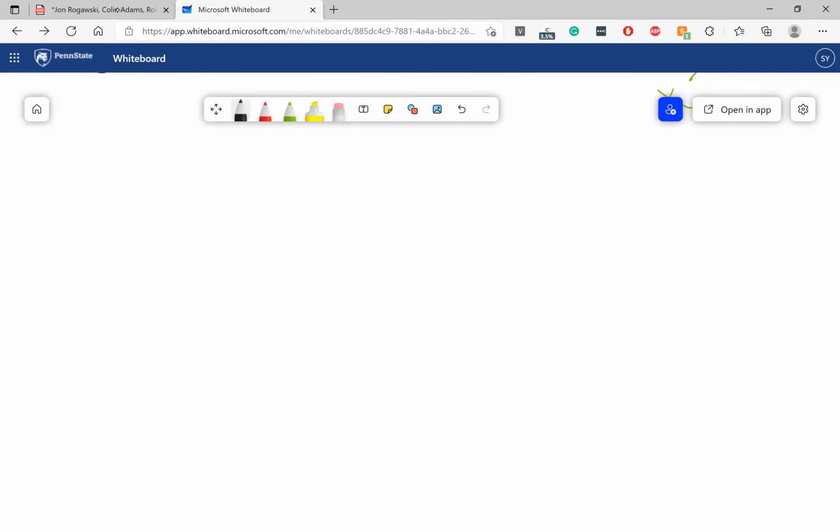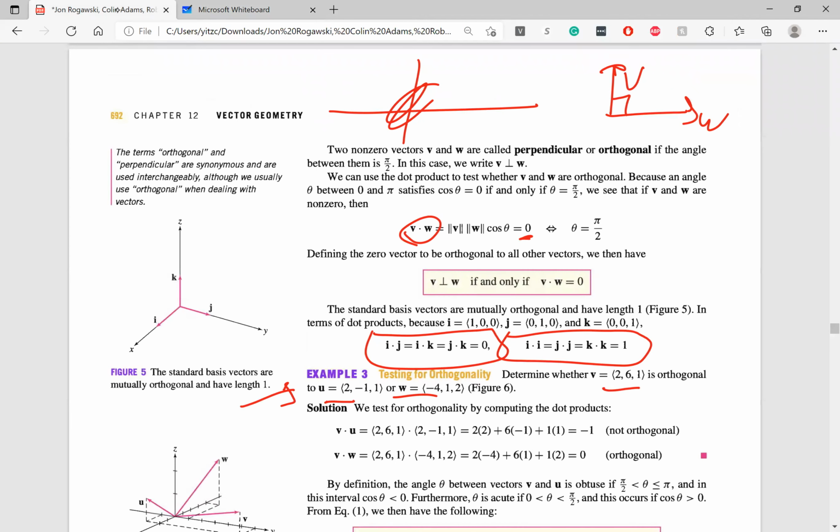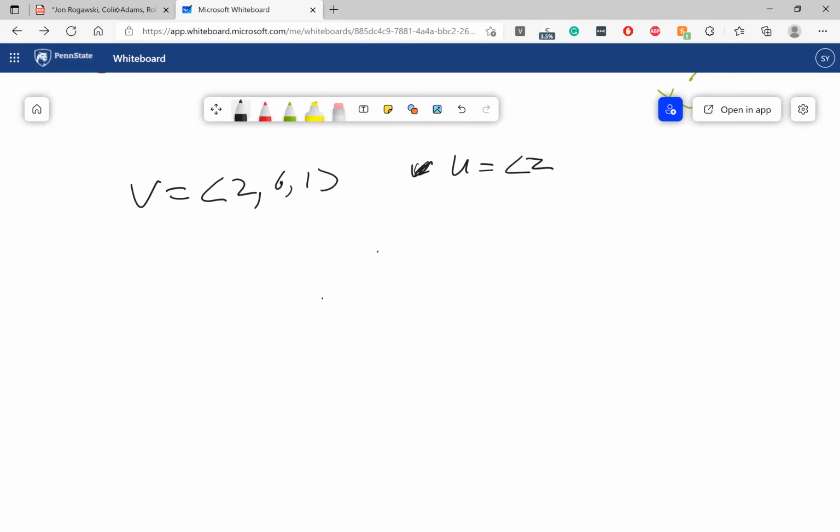U is equal to 2, negative 1, and 1. Okay, so take a minute. Try to do this. Let me know what you get.